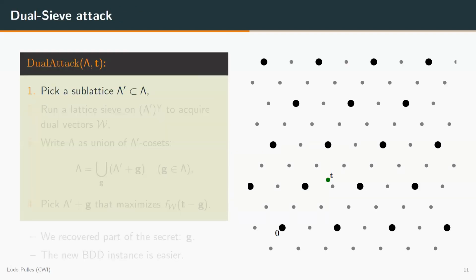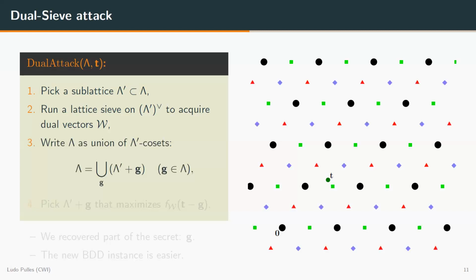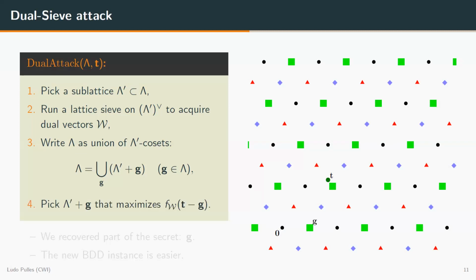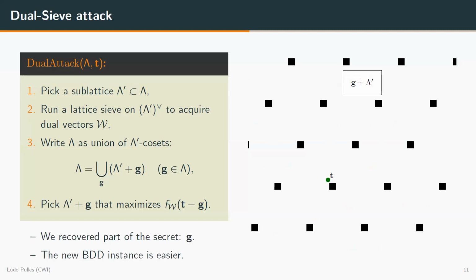So that then becomes our general dual attack. First we take some sublattice of our choosing, and then we run a lattice sieve on the dual of the sublattice to have this distinguishing function. And then we can write the lattice as a union of all these lattice cosets. And we just make the guess that maximizes this score, which contains the original lattice point from the target.